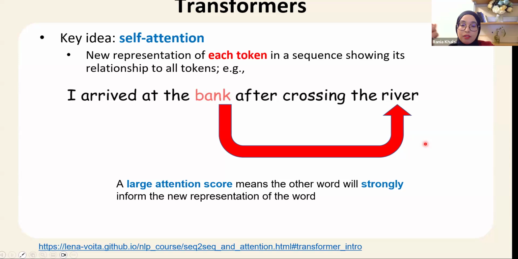So this shows the influence of the word river on the current word bank. In other words, a high score reflects strong correlation between two words, and this correlation shapes how the model encodes their meaning.